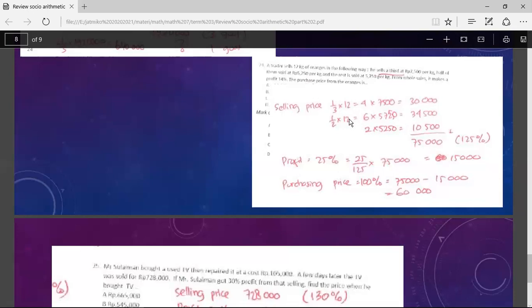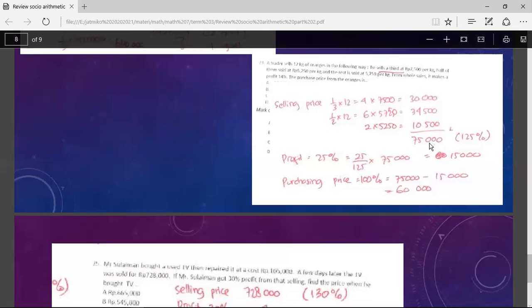And then the rest: from 12 we already sold 4 and 6, so the rest is only 2 kilograms, and they sell it for 5,250 per kilogram, equal to 10,500 rupiah. So the total money that they got from the selling is 75,000.